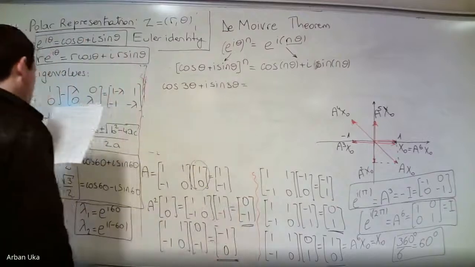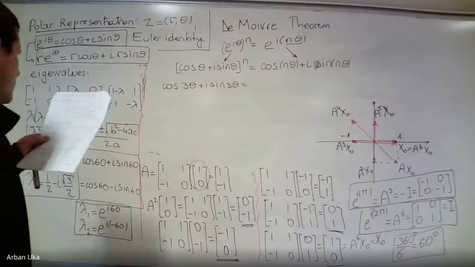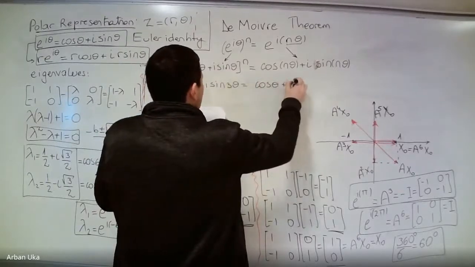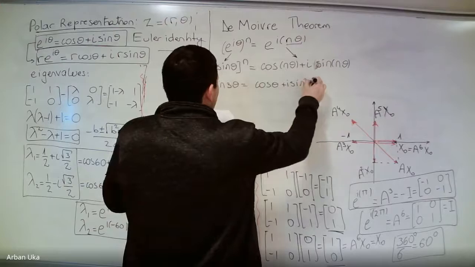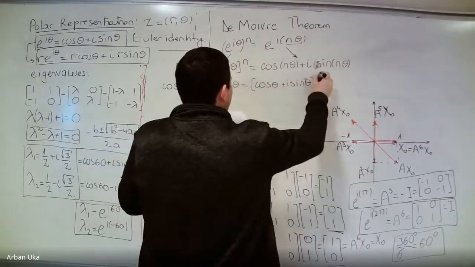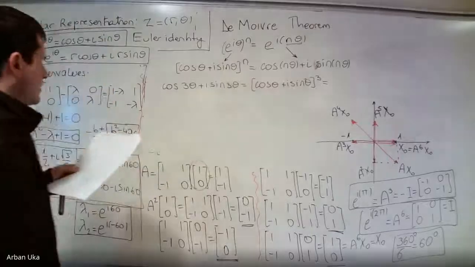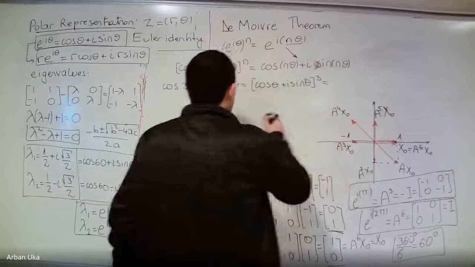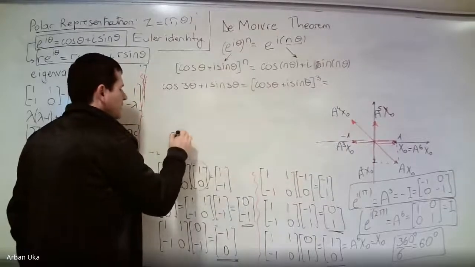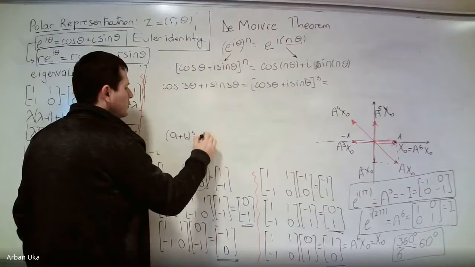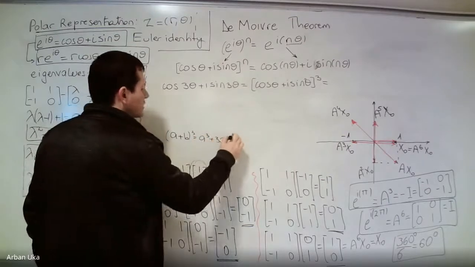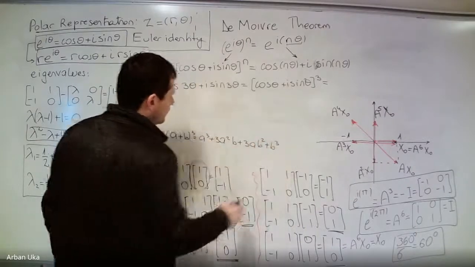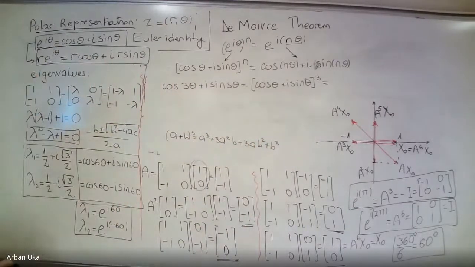We can write this as cosine theta plus i sine theta, all to the power 3. So then what do we need to do here? We remember some identities: a plus b all to the power 3 is equal to a cubed plus 3a squared b plus 3a b squared plus b cubed, right? So we use this identity here, and let's see what we obtain.